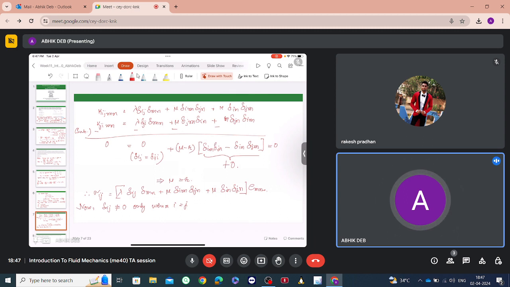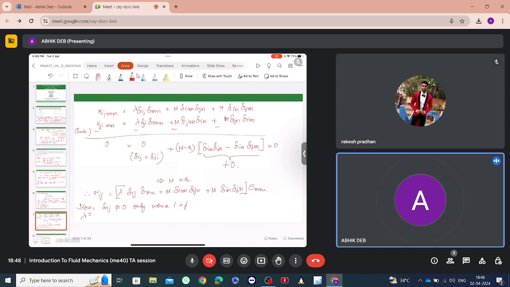So i equal to j and m equal to n we have to put. Now we take these terms.